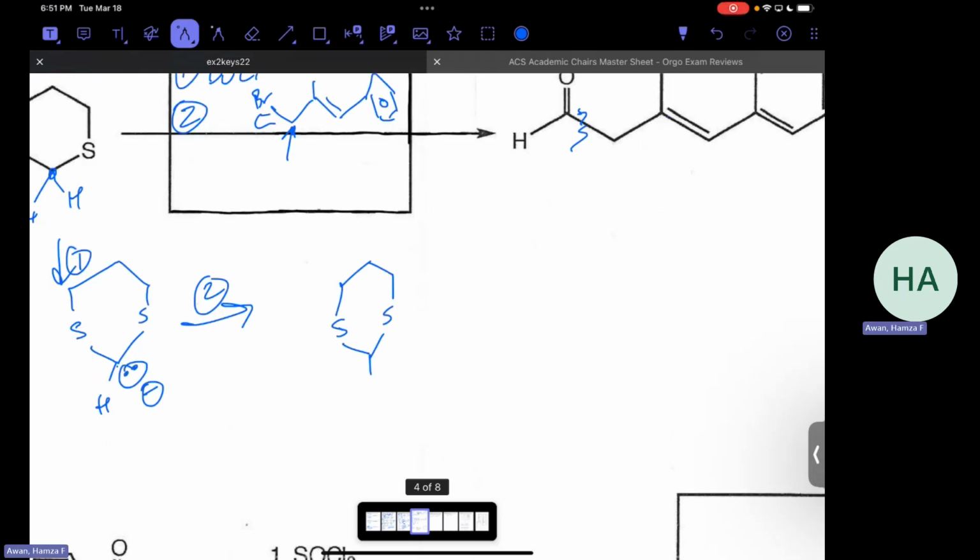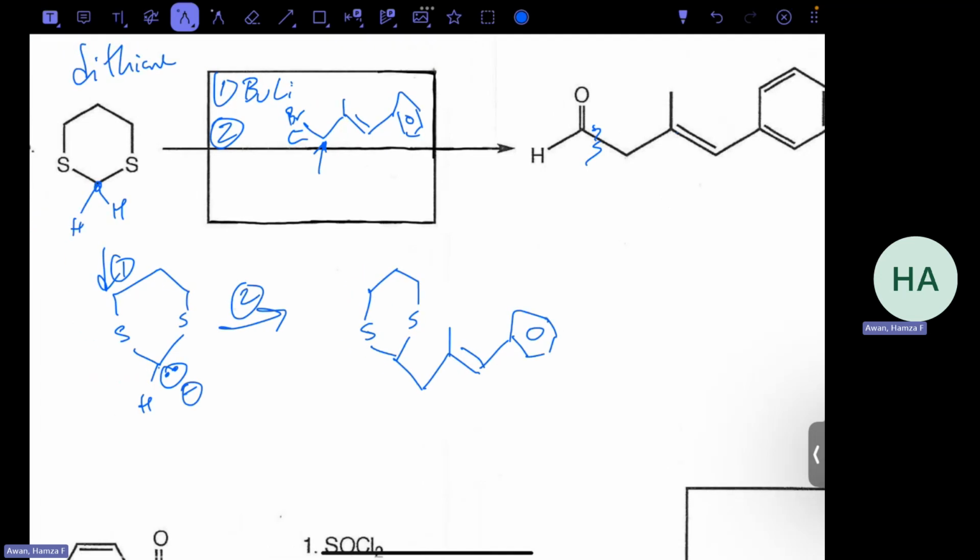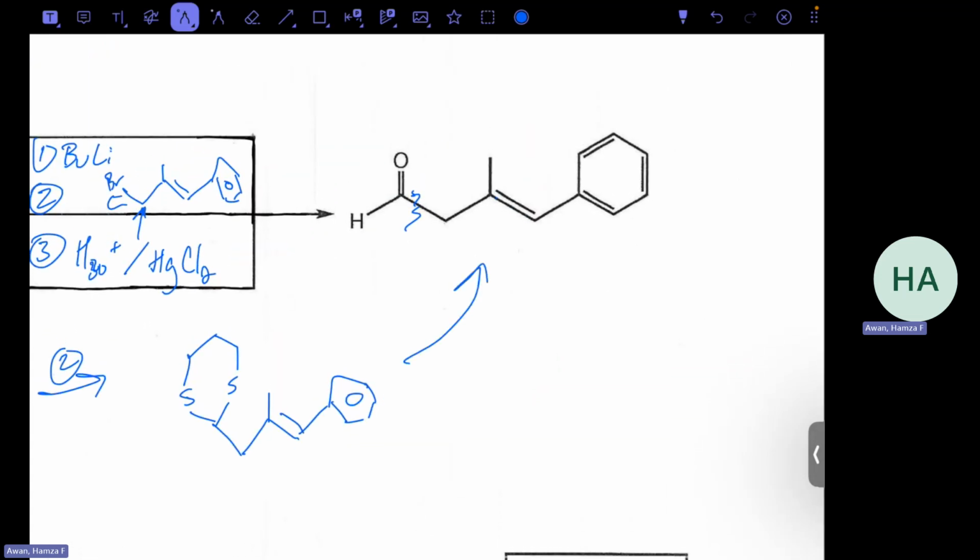Right, and this is gonna be bonded to this. And then now that we have this, all that's left to do is on number 3, we can put our H3O plus and HgCl2, and that's going to cause it to become a carbonyl.